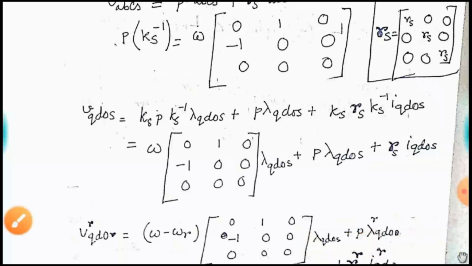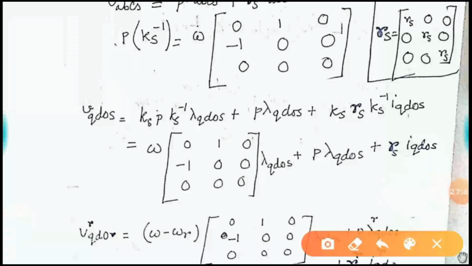That was 0, right? The stationary frame speed was 0, and the reference frame speed is omega. So basically this speed EMF would be written like omega minus 0.